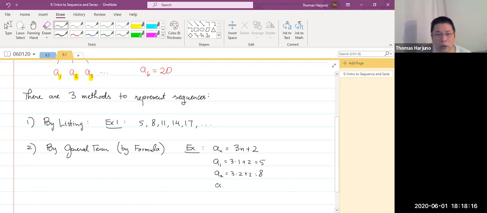The third term, you replace the n by 3, that's 11, and on. That's by general term or by formula. Now, this may also be written using another type of notation. Okay, we may write it this way.